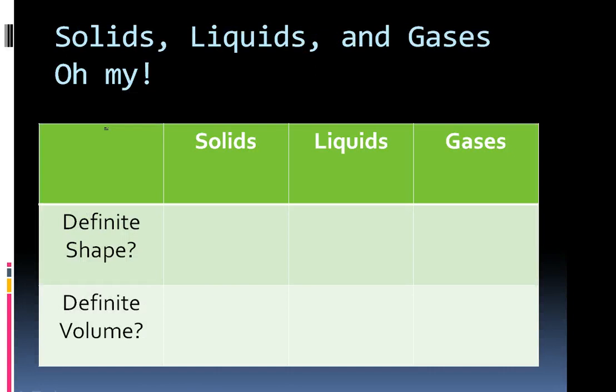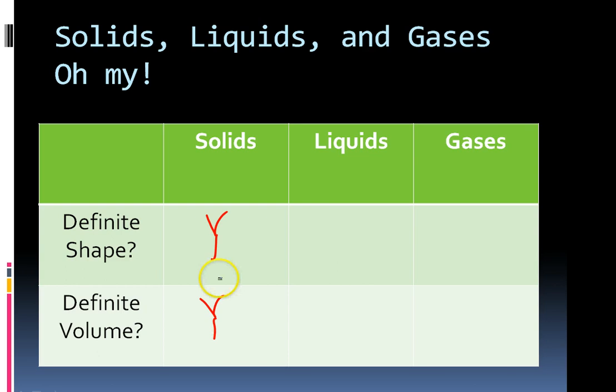Okay, another thing when we're talking about solids, liquids, and gases is the volume that they have. We say that some of these have a definite volume or shape, or no definite volume or shape, and we'll start off with solids. Solids do have a definite shape, and they do have a definite volume. And that means it doesn't matter the container we put them in. They'll still have the same shape and still have the same volume.